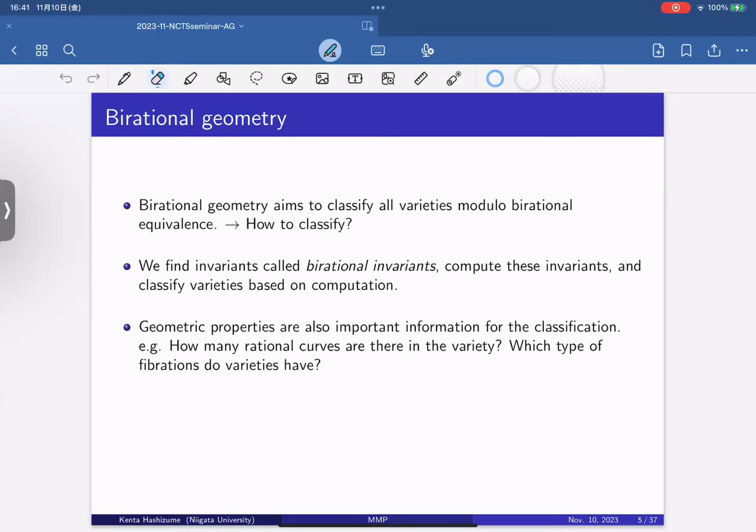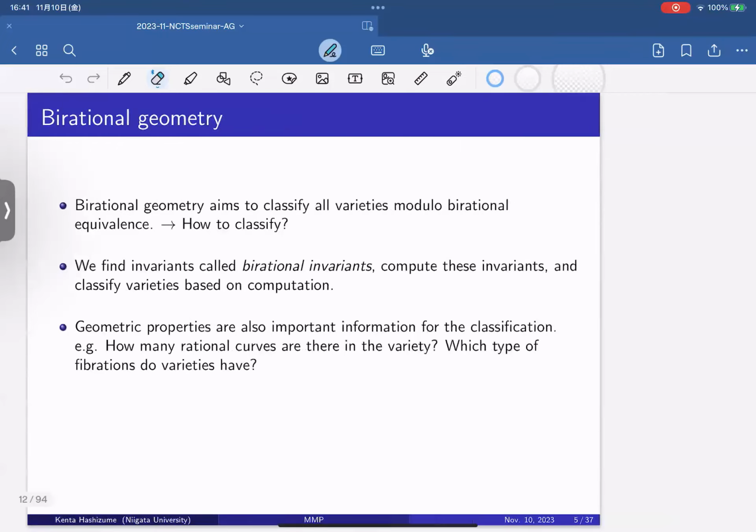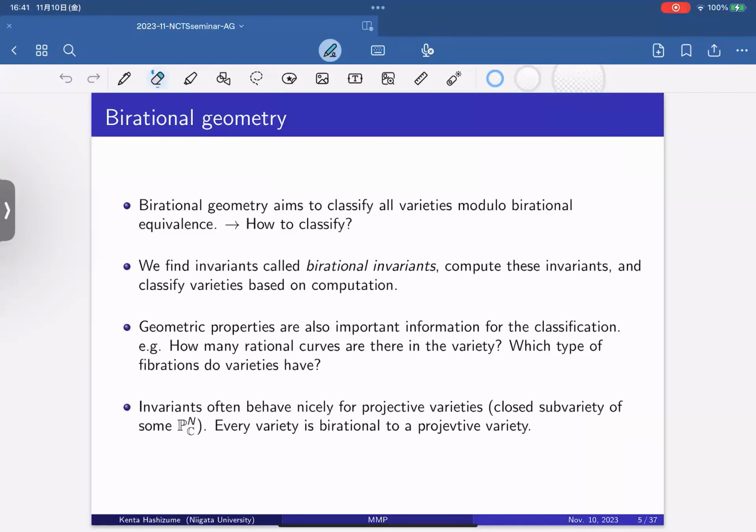For example, when the variety has a Calabi-Yau fibration or Fano fibration, then we can classify varieties with these fibration structures. Currently, birational invariants behave well when we deal with projective varieties.